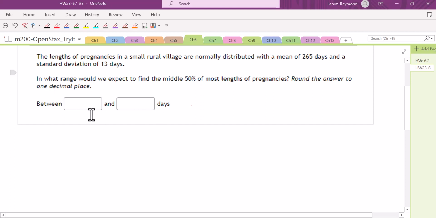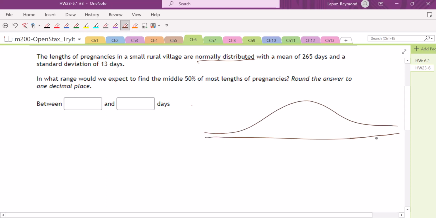All right, so what are we looking for? We are assuming that our scenario here is normally distributed. So we have our normal distribution. We know that the mean is 265 days, with a standard deviation of 13.